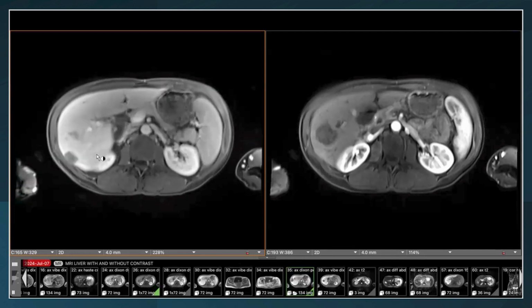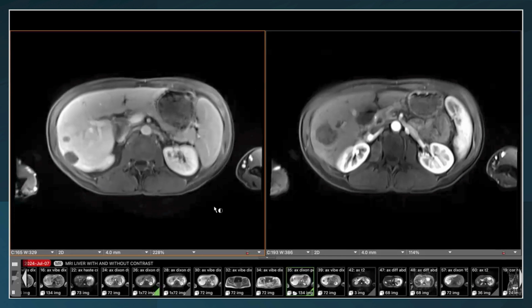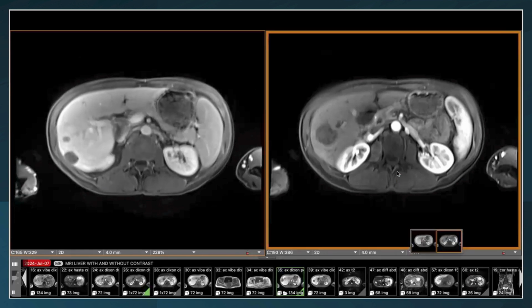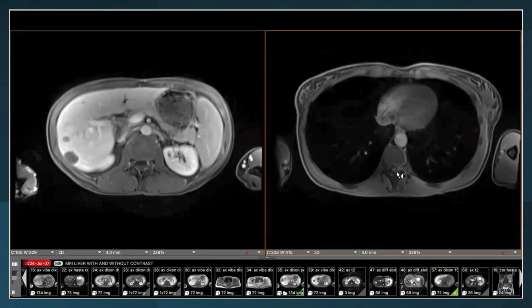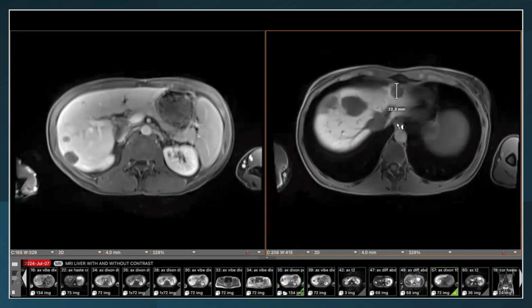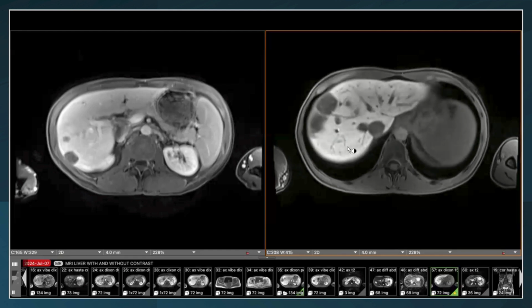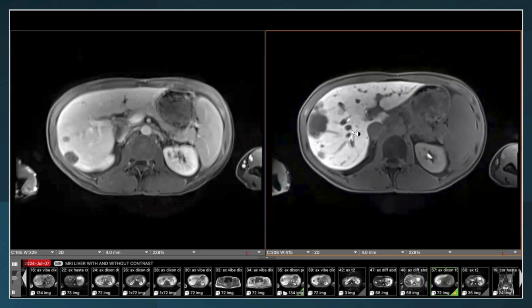Now compare and contrast that appearance of the portal vein to the delayed hepatobiliary phase images, which occurs around 15 minutes. In this phase here, you can see that we also have hypointense lesions to the background of the liver, but the liver looks very different than it does on the portal venous phase images here. The way you can tell what phase you're in here is notice that the blood pool, the portal vein, is dark compared to the background liver.